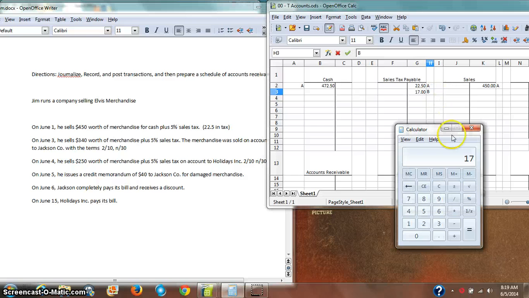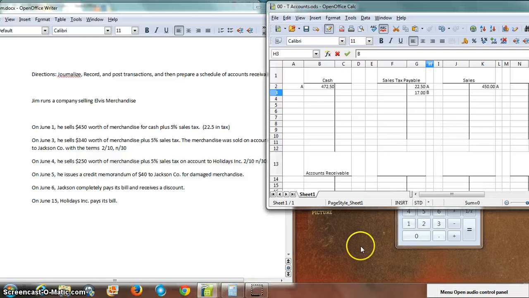Transaction B. And then in addition to my sales tax payable, I also record my sales. And then I'll also have to record, and instead of cash this time, I'm recording accounts receivable, because this one is on account.